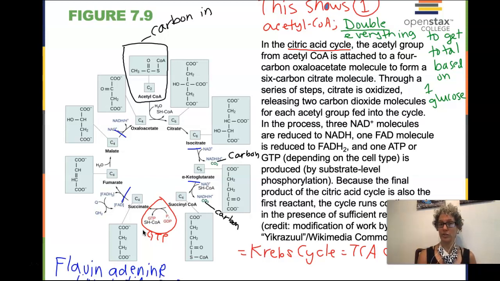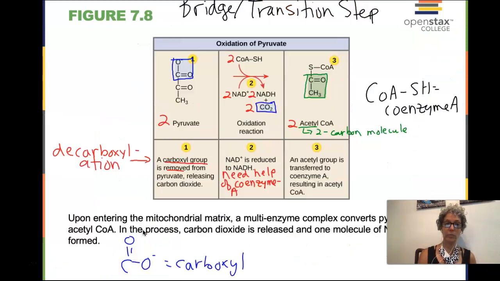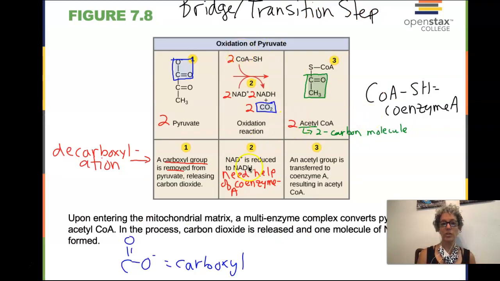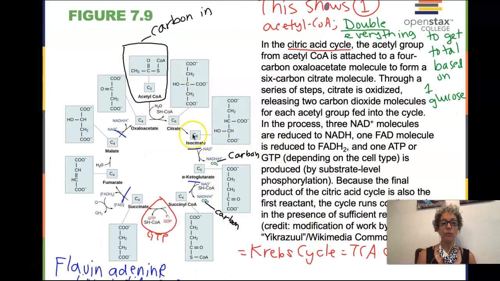However, we also have a lot of reduced coenzymes, our other energy molecule. If we go back to glycolysis, we have 2 NADH that are made. We get 2 more from the transition step. That brings us to 4 NADH. If we do the citric acid cycle twice, we get 6 NADH.